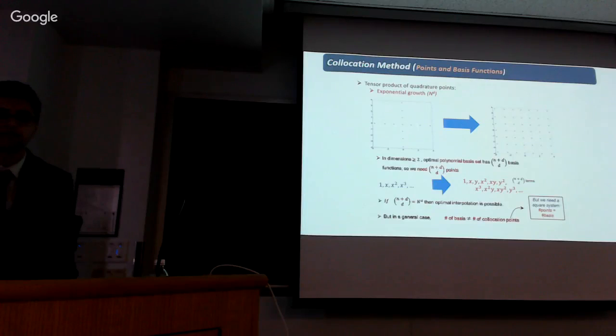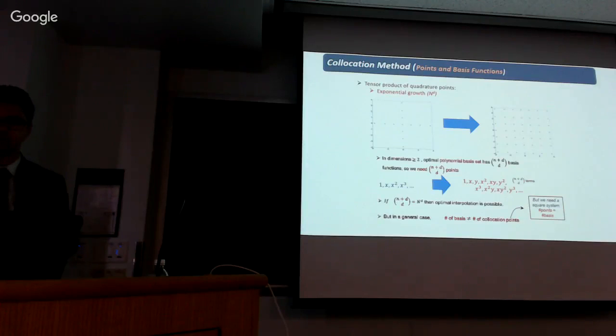And if I use the standard polynomial basis set, I will have a combinatorial growth. If these two are equal to each other, then I will have a square system and a unique solution. But in general, the number of basis functions in this polynomial and the number of collocation points will not be equal, and it will sometimes be overdetermined or underdetermined.